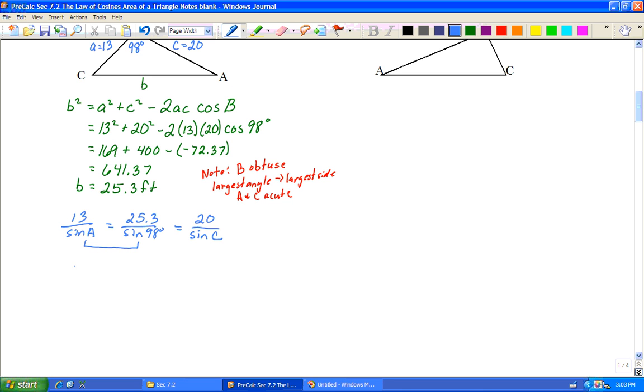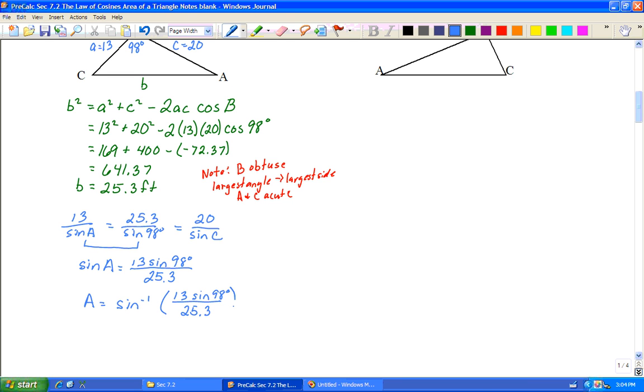If we cross multiply and then divide, we're going to get the sine of angle A is equal to 13 times the sine of 98 degrees divided by 25.3, and then we need to take the sine inverse of both sides to get A. So A is equal to the sine inverse of 13 times the sine of 98 degrees divided by 25.3.